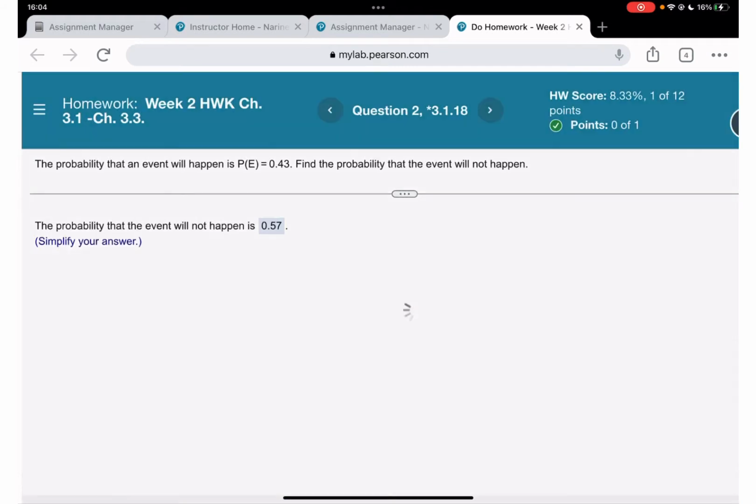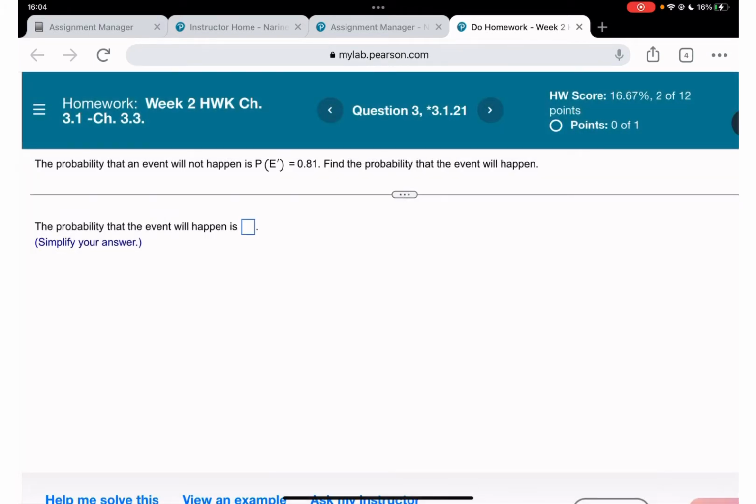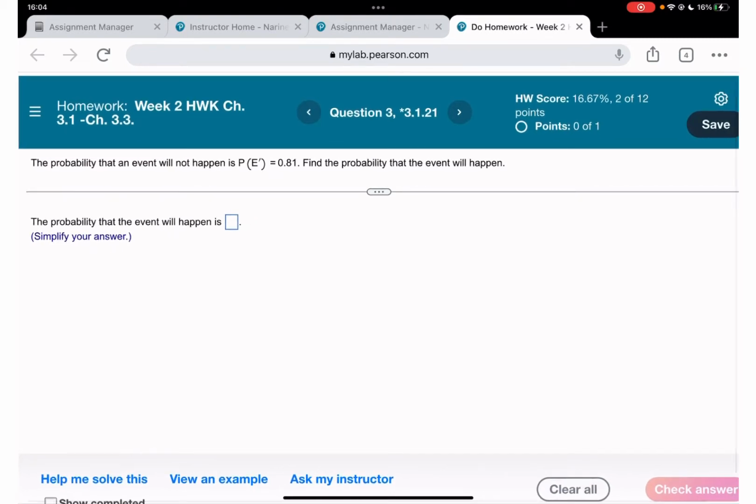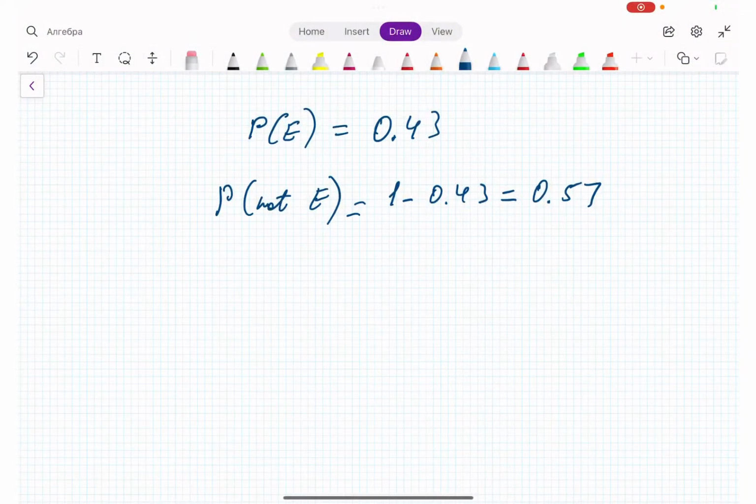Moving to next question. Probability that the event will not happen is 0.81. Now we need to find the probability that the event will happen. That's the same easy problem. Event not happen, either this way or this way. They gave you this way, I'm using this way, but both notations are correct.